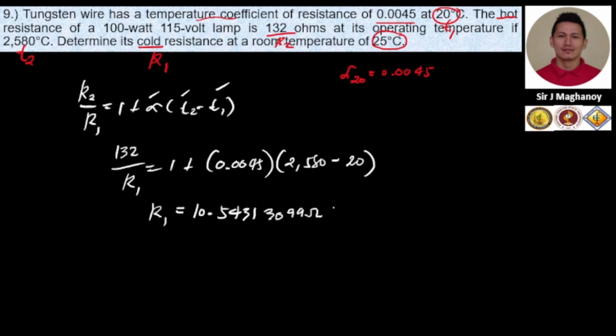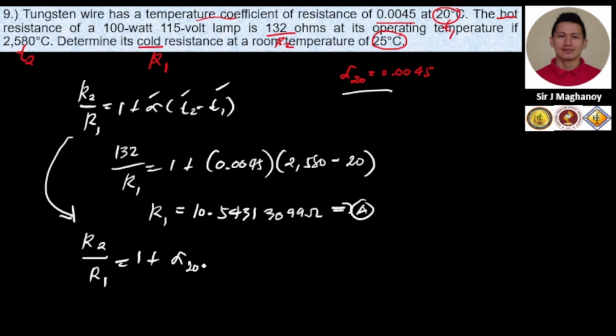We're going to save this to alpha A. We're asked to determine its cold resistance at room temperature 25, so we're going to use the formula again, considering the temperature coefficient at 20 degrees Celsius.